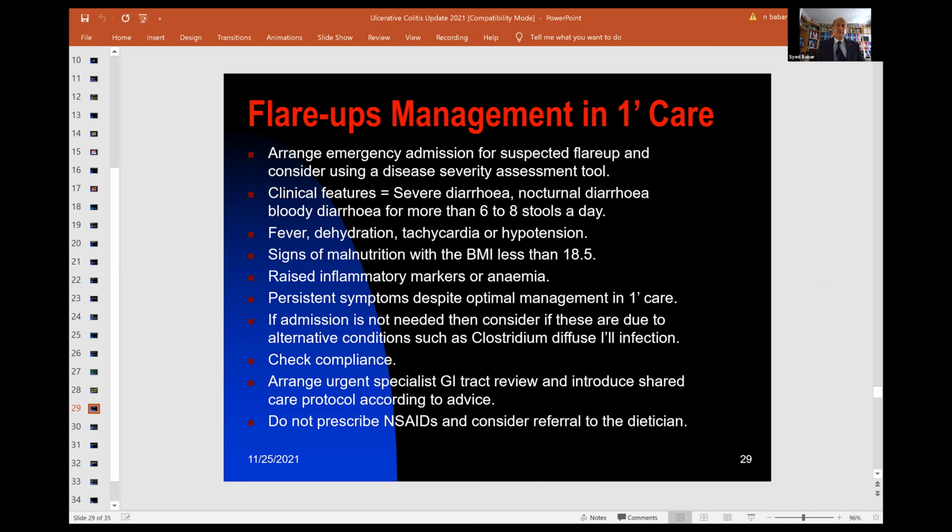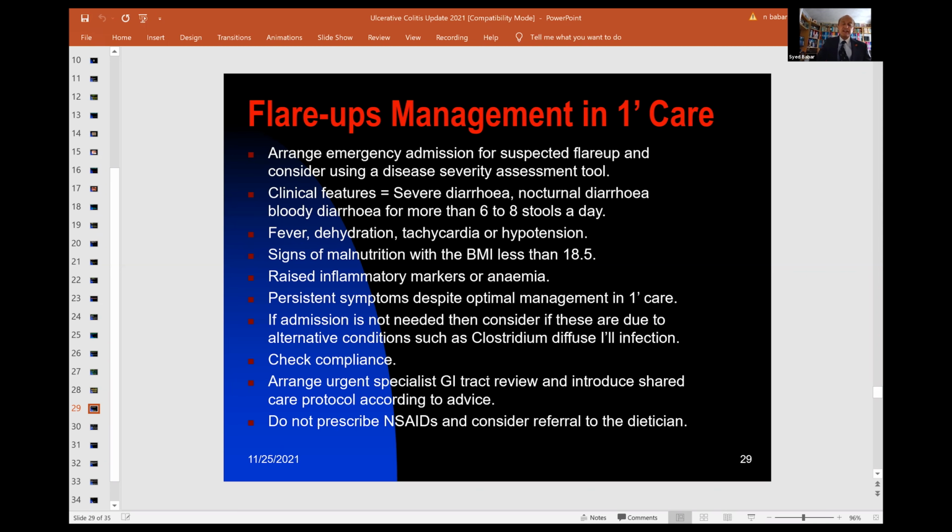If someone presents with an acute flare-up, either that person should be admitted with having bloods taken and stool collected and other factors also measured. And if acute admission is not warranted, then an urgent colorectal specialist, surgeon, or gastroenterologist with expertise in inflammatory bowel disease should be approached.